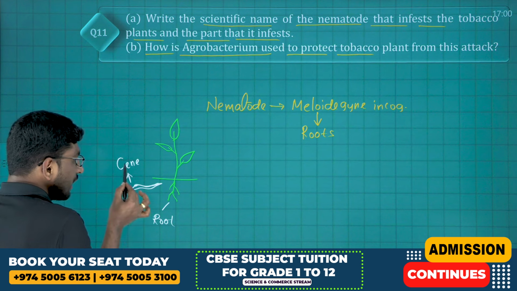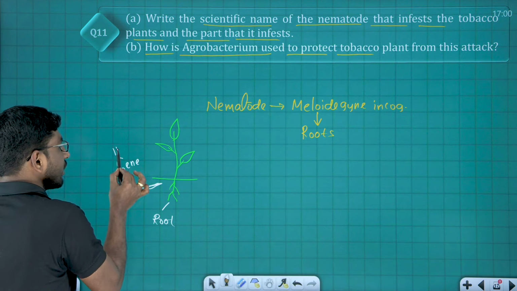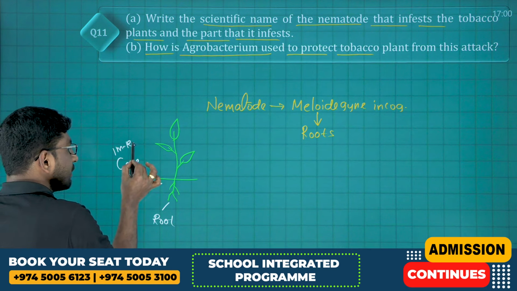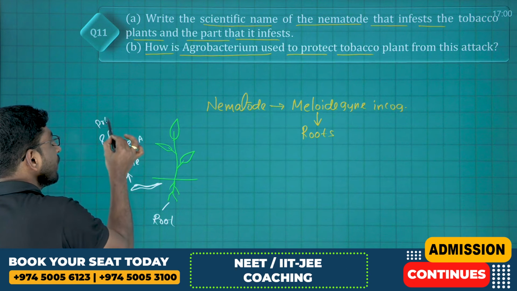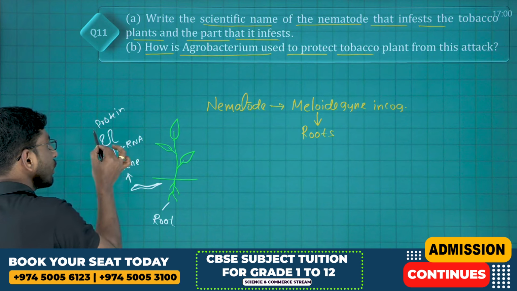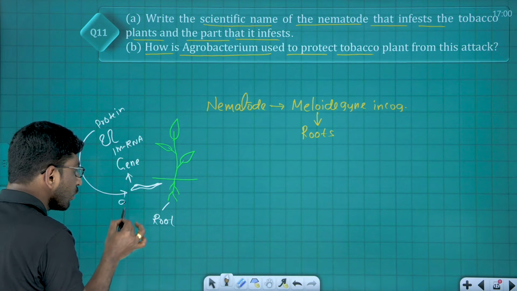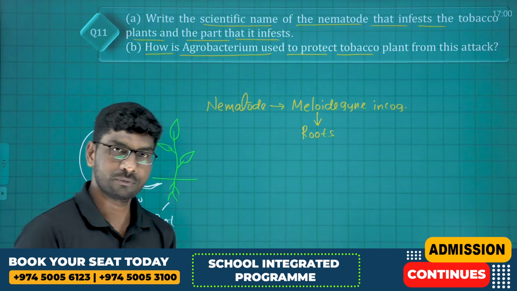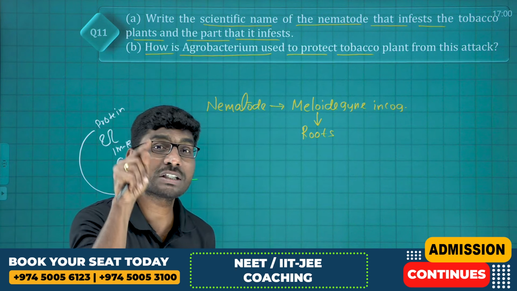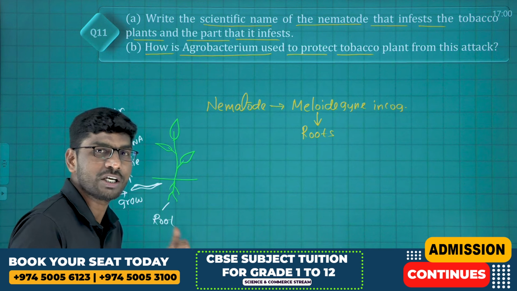In this nematode, there is a gene. This gene undergoes transcription and translation. Transcription makes mRNA, and this mRNA makes one specific protein. Because of this protein, the worm grows. What if you silence this growth gene?